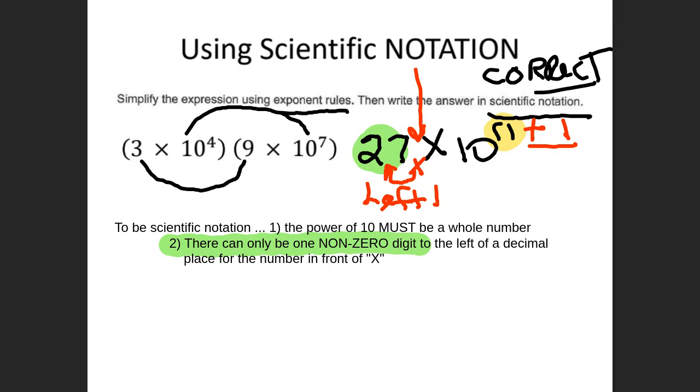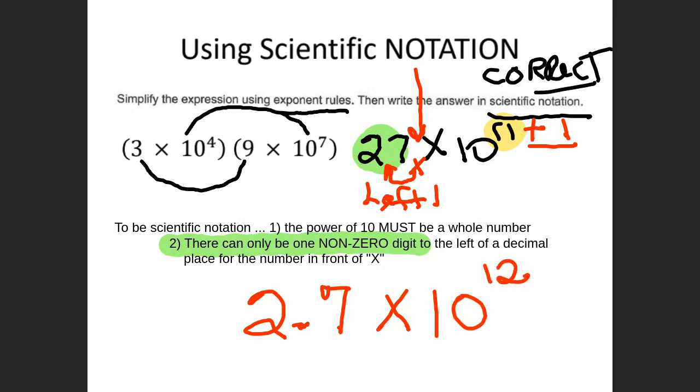So this is 2.7 times 10 to the power of 12. You gotta have one digit to the left of that decimal point. When we multiply 3 times 9, it is not.